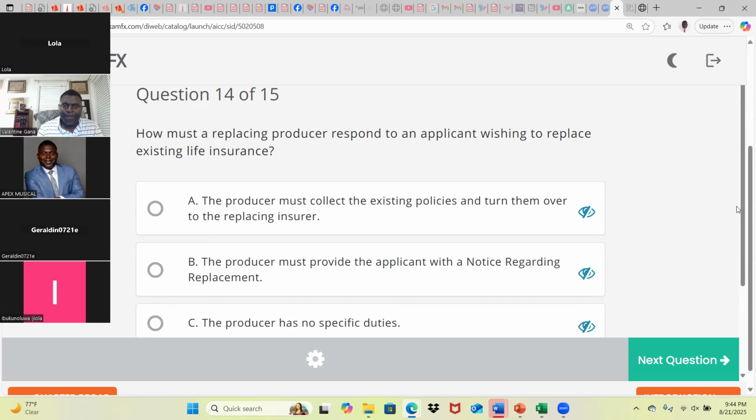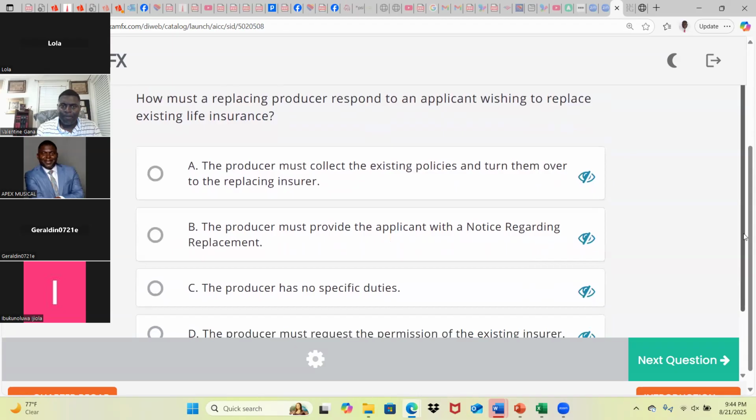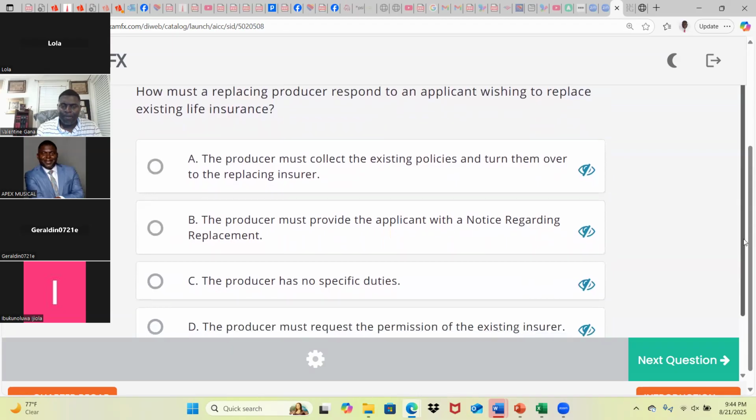C, the producer has no specific duties. D, the producer must request the permission of the existing insurer.